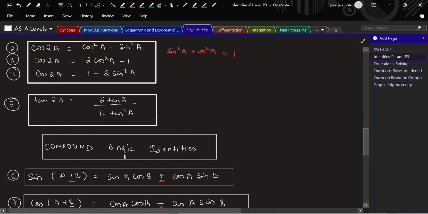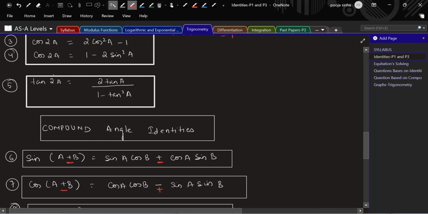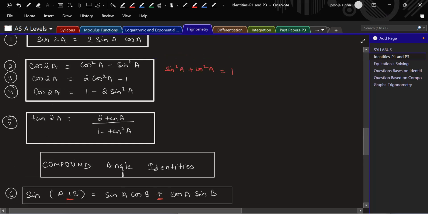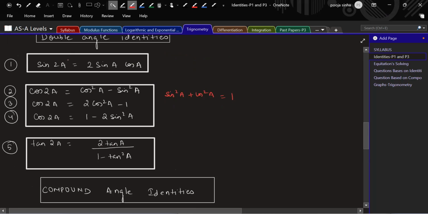Okay. Now coming to the tan double angle formula. Double angle identity. Tan 2a is 2 tan a upon 1 minus tan square a. How do we get this? उसका भी एक derivation होता है that you do sin 2a upon cos 2a. So when you divide all of this, you get tan everywhere.